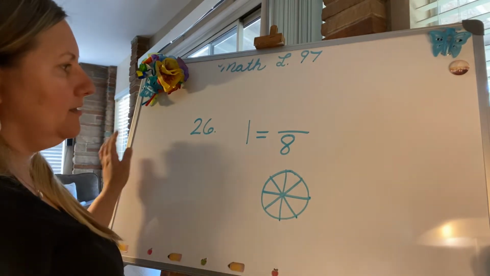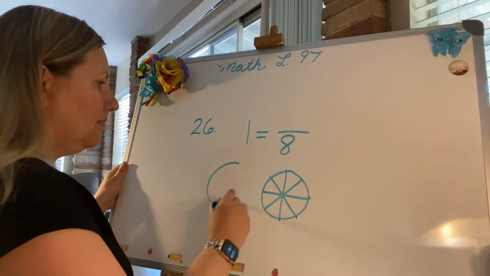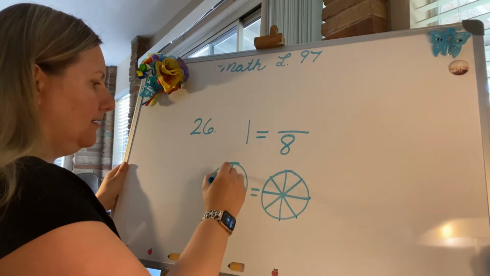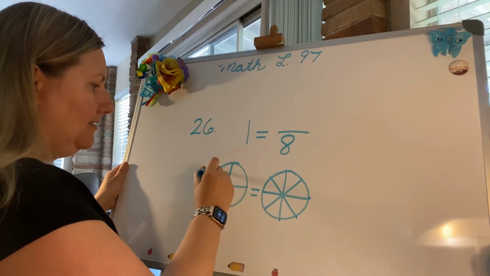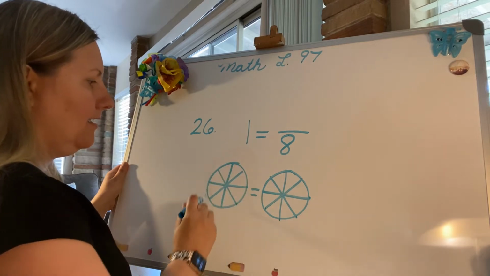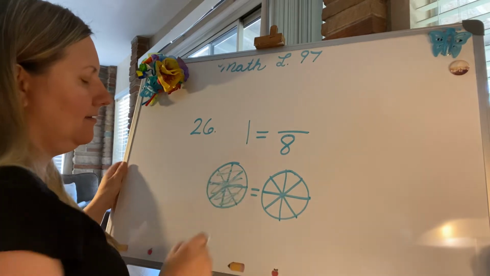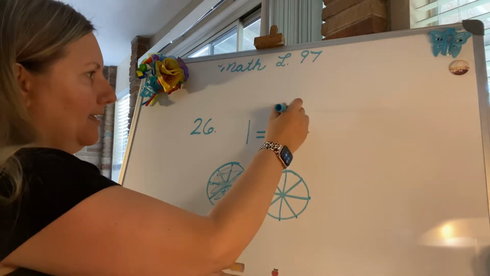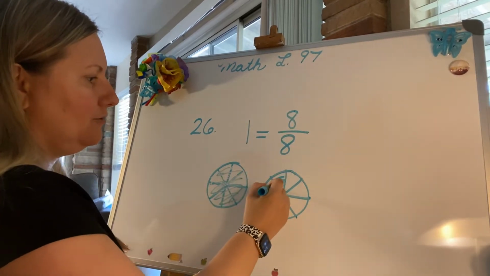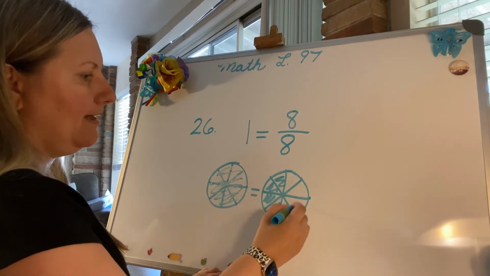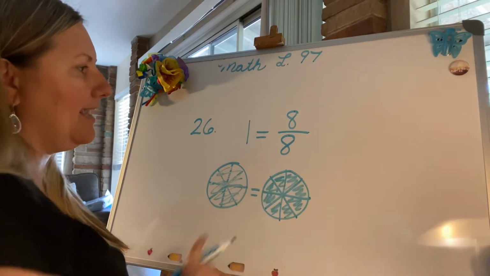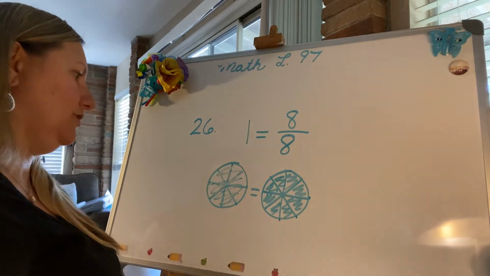To get 1 whole, let's just show it like this. So this has to also be divided into 8 then. And 1 whole means that all of it is shaded, which is the same as 8. 1, 2, 3, 4, 5, 6, 7, 8 out of 8 shaded.